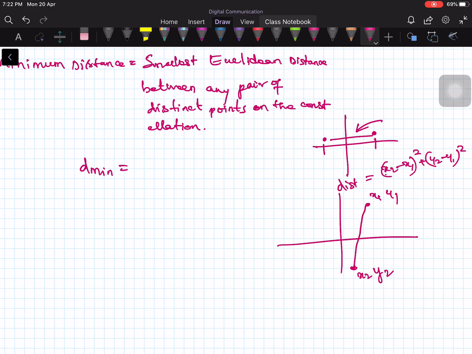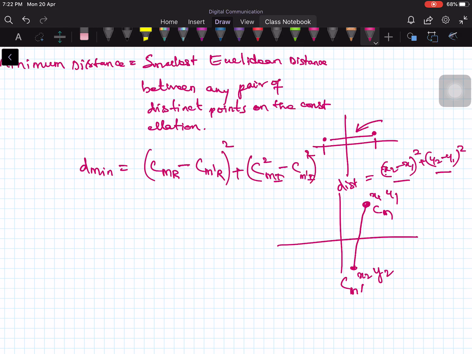So similarly, x is a real part and y is an imaginary part. Therefore, the real part of the mth point in our constellation is Cm r minus Cm prime r. Let's say this point is Cm and this point is Cm prime, whole square, plus the imaginary part C sub m I minus C m prime I whole square, and this is d min square.